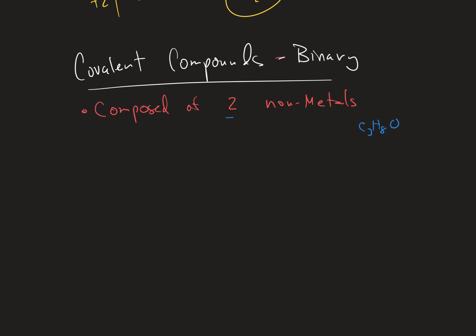That's three nonmetals, but again, it's nonmetals. So we could just say it's composed of nonmetals. We're not going to have to worry about that in this class. Well, kind of. I won't have you name that.